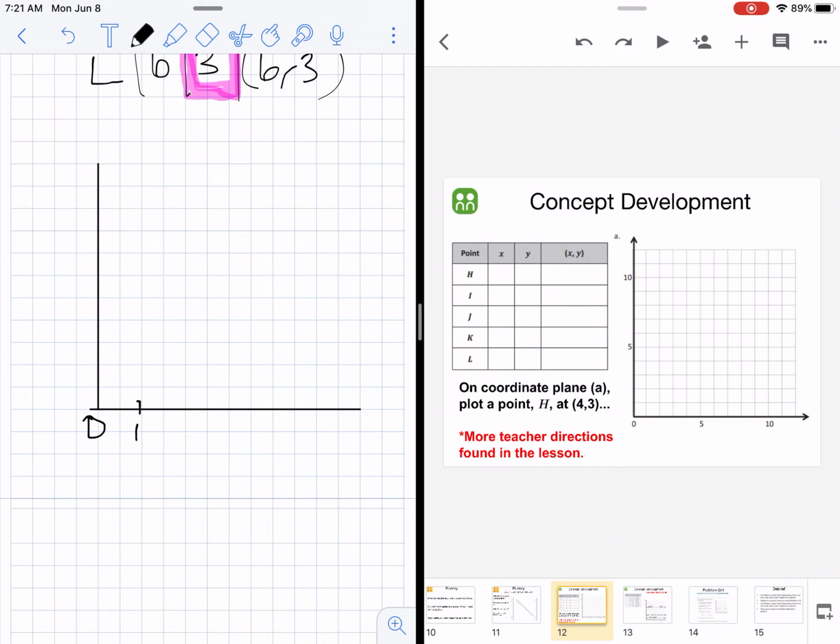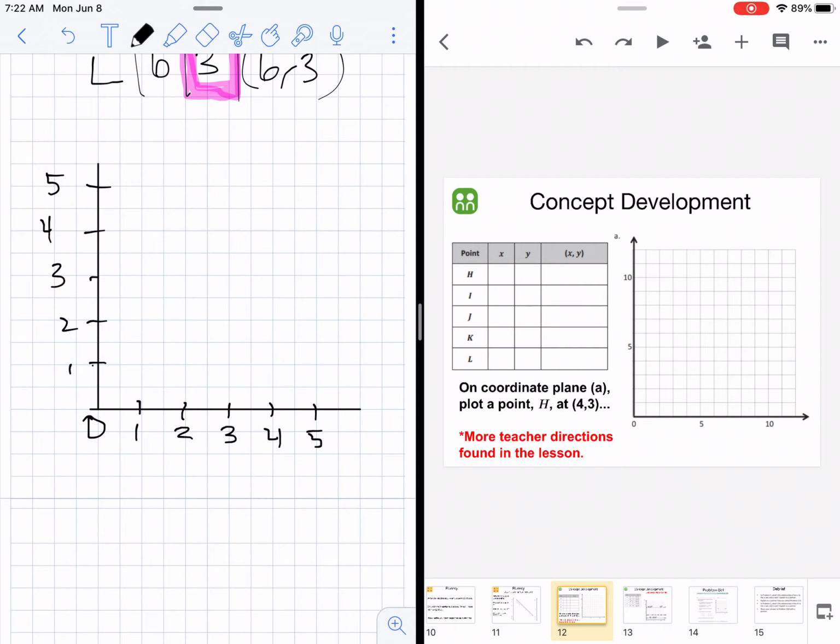So this is going to be 1, 2, 3, 4, 5. Same thing on the y-axis. 1, 2, 3. Oh, no, not there. Every 2 squares, 4, and 5. So each square represents 1/2 or 0.5, okay?